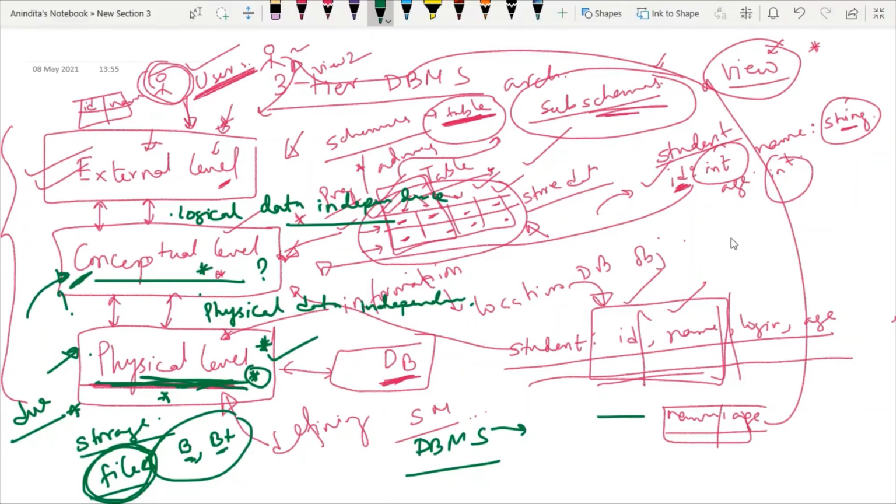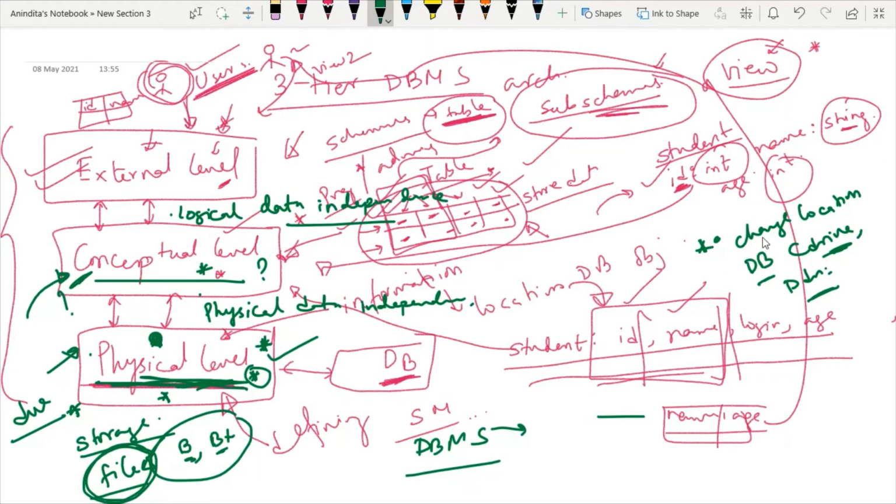The first and very common change is a change of location. Previously my database was stored in C drive, and now I am going to store my database in D drive. Since I am dealing with storage, this kind of situation will be handled by the physical level.